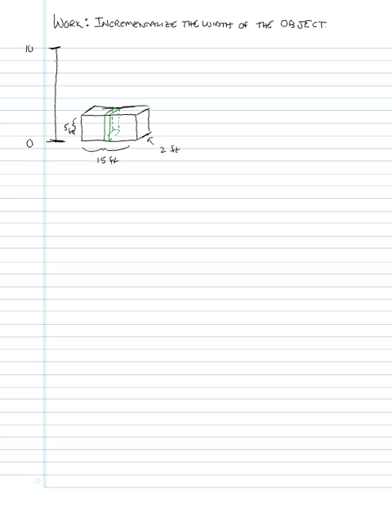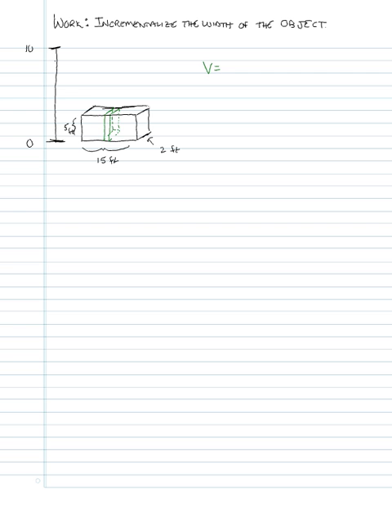Now, what I want to do is calculate the work required to lift that one slice 10 feet. So we have to calculate the weight of that particular slice so that we'll know the force. And to calculate the weight, we need the volume of that slice. In this case, volume again is length times width times height.